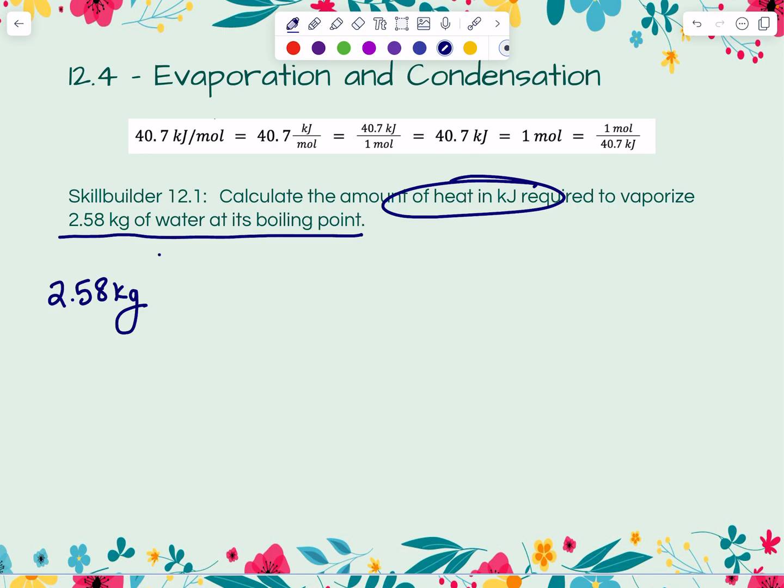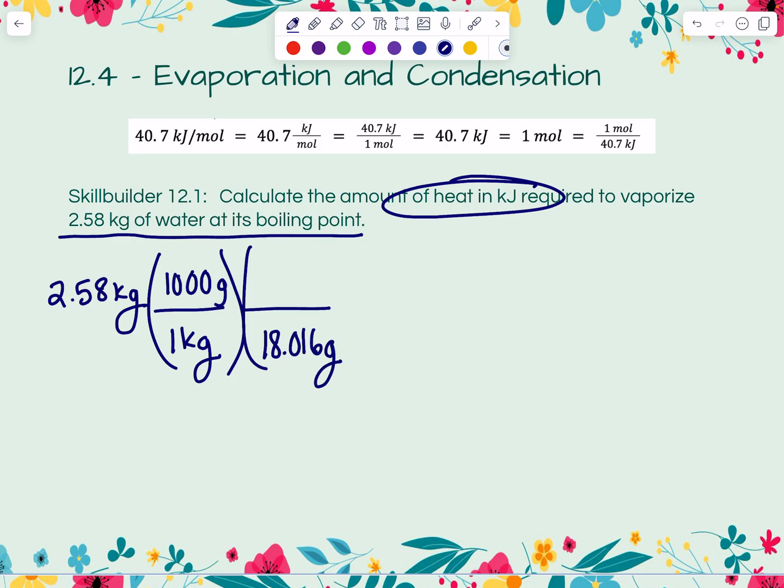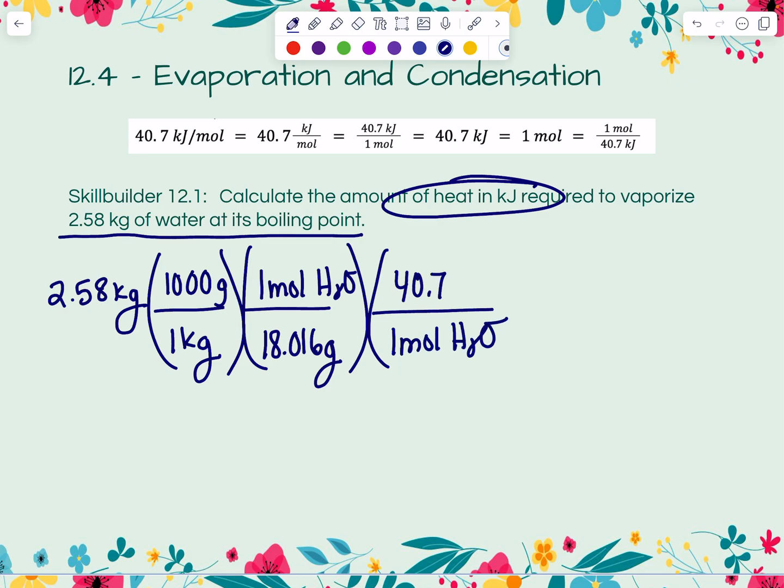Okay, so let's see how we did, right? I know that 1 kilogram is equal to 1,000 grams, and that 18.016 grams of water is 1 mole of water, and that 1 mole of water will need 40.7 kilojoules of energy to vaporize.